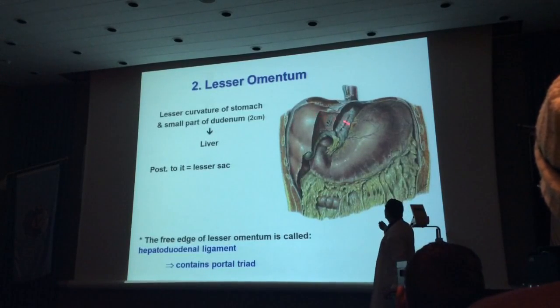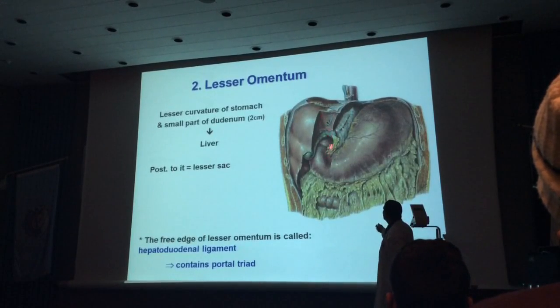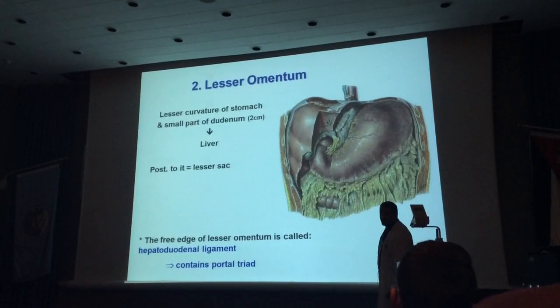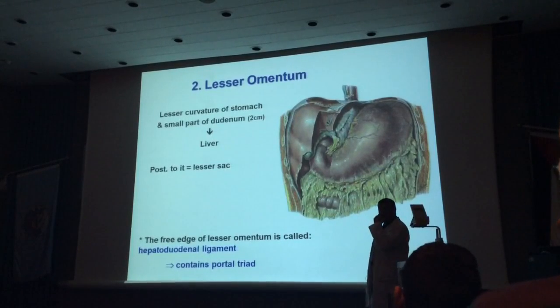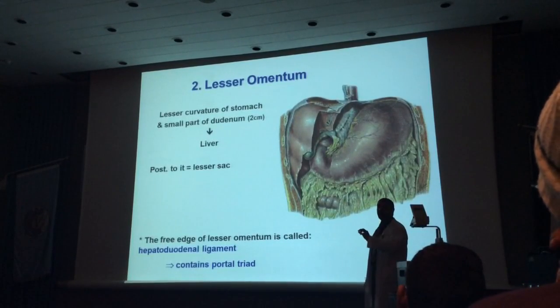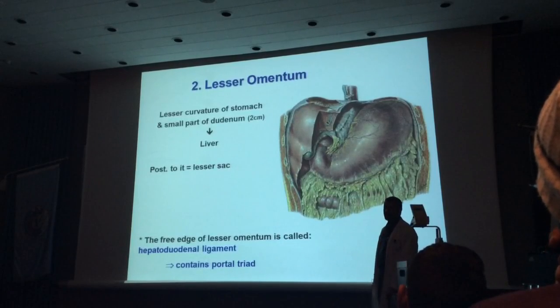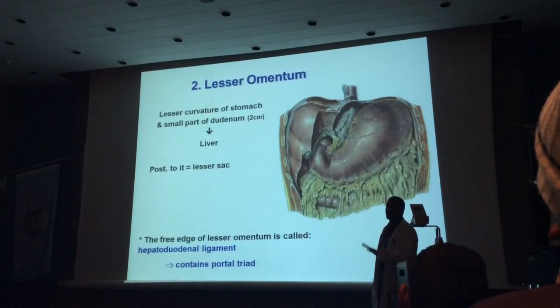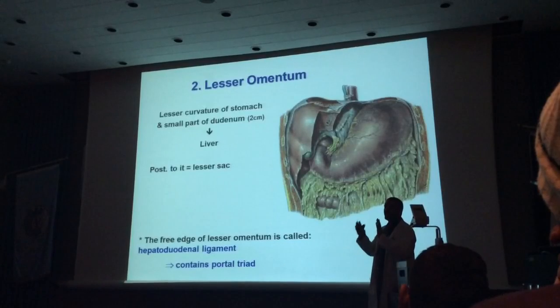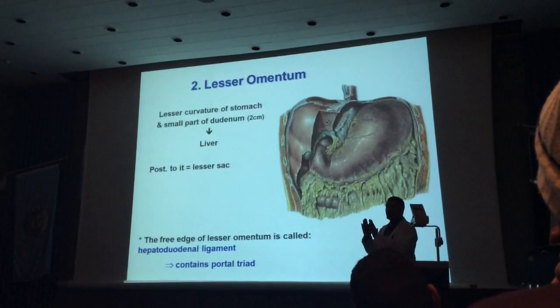One from the liver to the stomach, hepatogastric ligament, all of this part until here. And from the liver to the duodenum, hepatoduodenal ligament. So if you hear these terms, remember those are indicating the same as the lesser omentum. Okay? So lesser omentum or hepatogastric ligament has the same meaning. The part of visceral peritoneum connecting the stomach and liver.